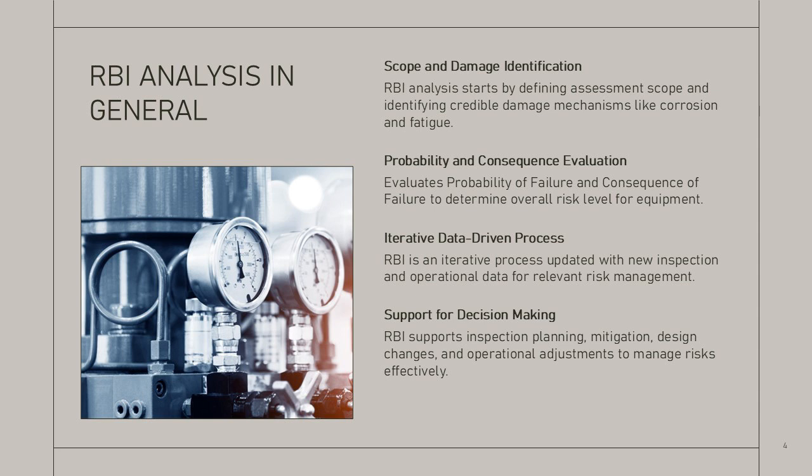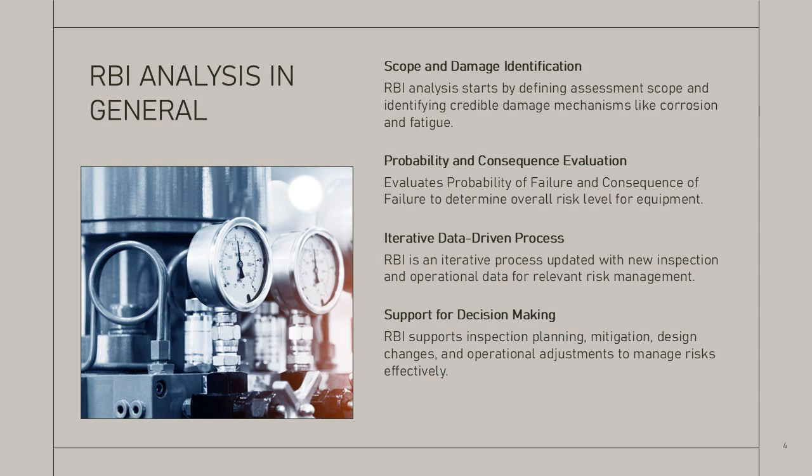A key element of RBI analysis is the evaluation of the probability of failure, POF, which considers factors such as material susceptibility, operating conditions, inspection effectiveness, and historical degradation rates. In parallel, the consequence of failure, COF, is assessed by examining potential impacts on personnel safety, environmental release, asset damage, and business interruption. These two components are combined to determine the overall risk level for each equipment item.